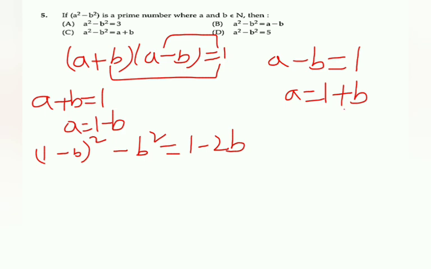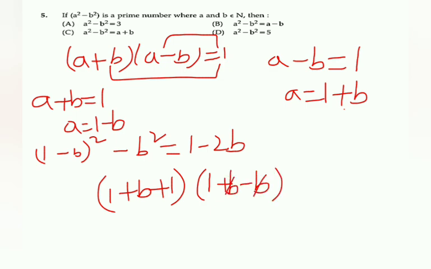So (1 plus b plus b) into (1 plus b minus b); the b terms cancel in the second factor, giving 1 plus 2b. So here 1 plus 2b is a prime number. This equation has one solution: if b equals 2, then a equals 3.